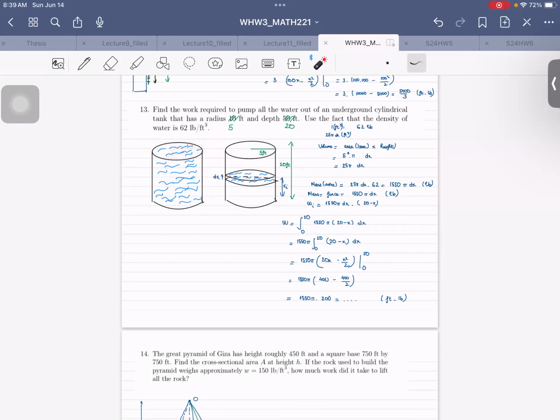But the layers at the bottom or in the middle of the tank have to travel some distance to get out of the tank. So you have to develop the general formulation for the layer at the xi position, the work that's required to lift the layers of water at the xi position out of the tank, and then you sum them up because you need to take all of the water. So your integration will go from 0 to 20.